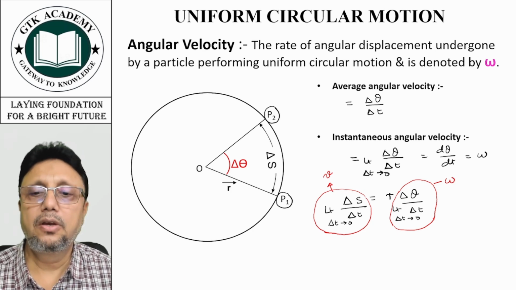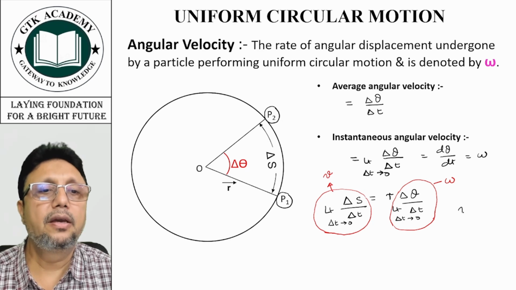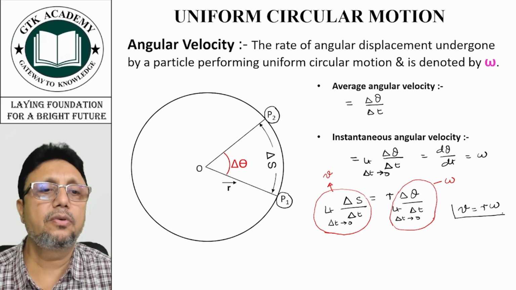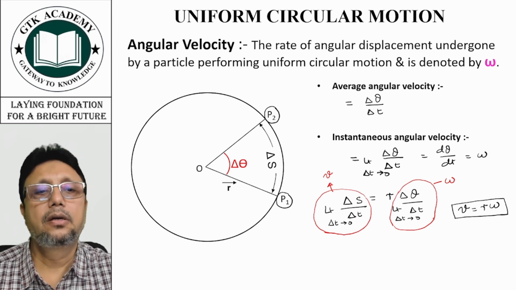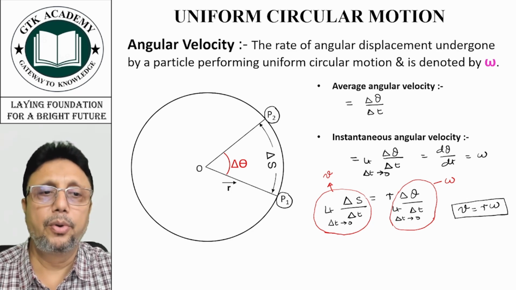That means we get a relation v is equal to r omega, and many of you must have heard about this. You must be knowing it, that v is equal to r omega.